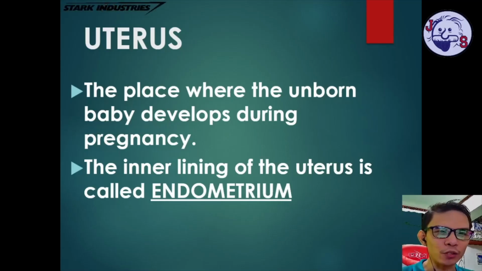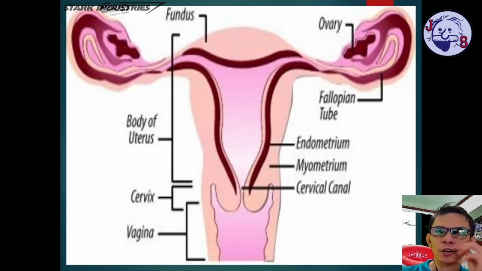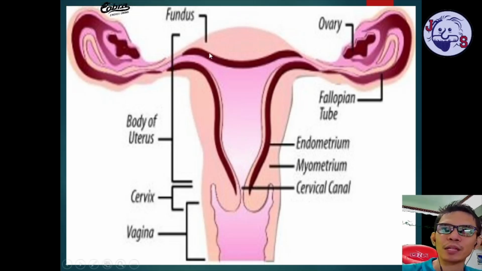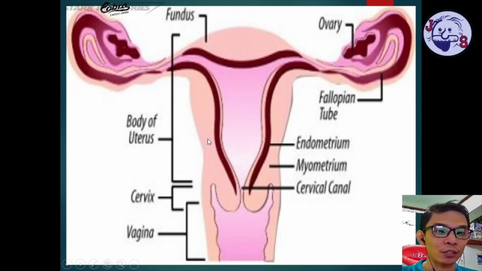The uterus is very important in the development of the fetus inside the mother's body. As you can see, the uterus contains a lot of space, a greater space compared to the other organs in the female reproductive system.